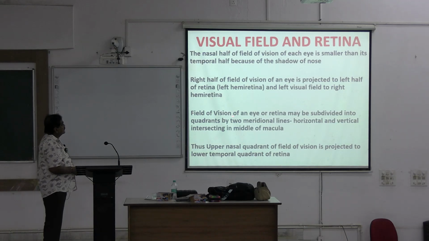The field of vision of an eye or retina may be subdivided into quadrants by two meridional lines, horizontal and vertical, intersecting in the middle of the macula, as in the previous picture I showed you. Thus, the upper nasal quadrant of the field of vision is projected to the lower temporal quadrant of the retina.